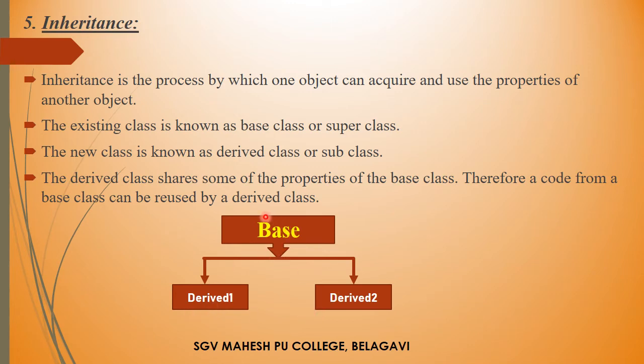The existing class is called the base class, or we also call it a superclass. The new class, which is derived from a base class, becomes your derived class. These derived classes share some of the properties of the base class, and therefore code from a base class can be reused by n number of derived classes.